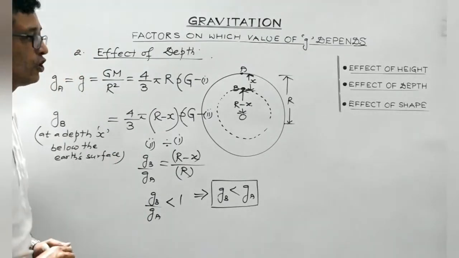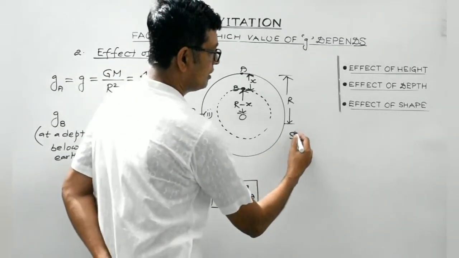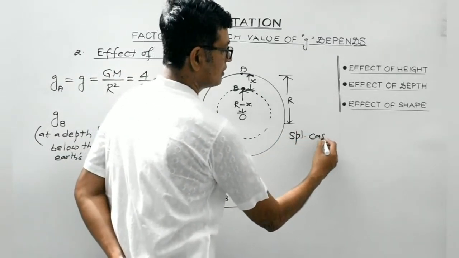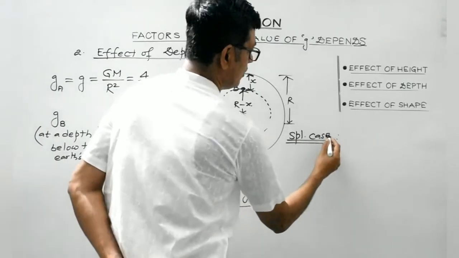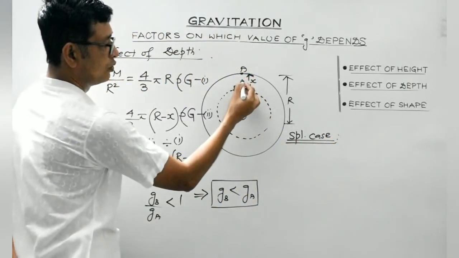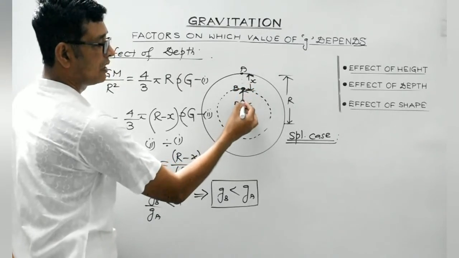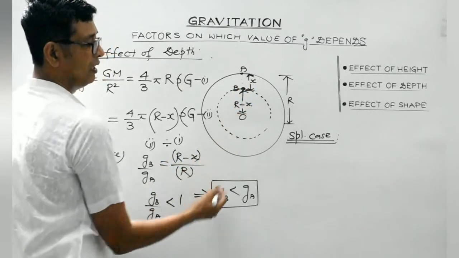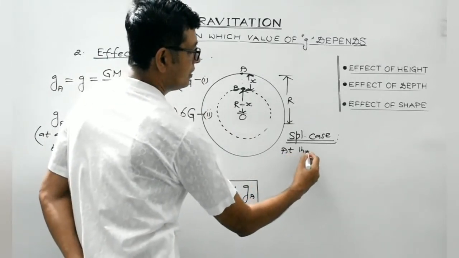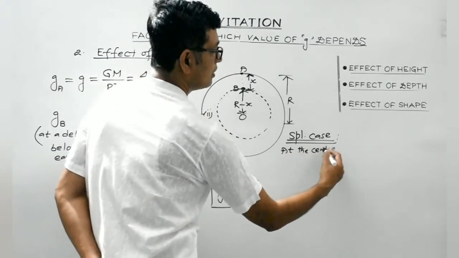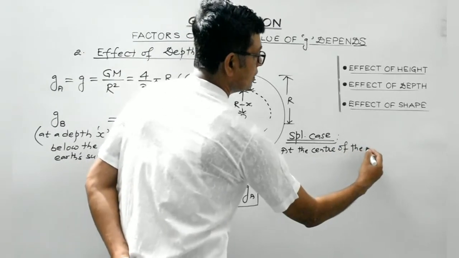Now here I would like to mention a very very important case. It's a special case. Just now we have discussed, with the increase in the depth, the value of small g will keep on decreasing. Let's consider the center of the Earth, right? At the center of the Earth.